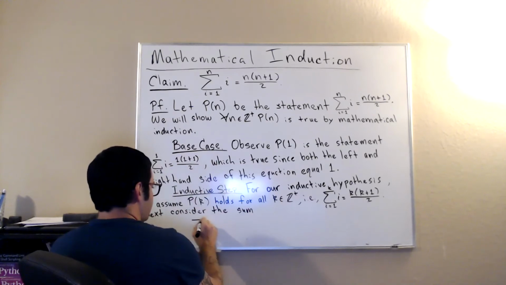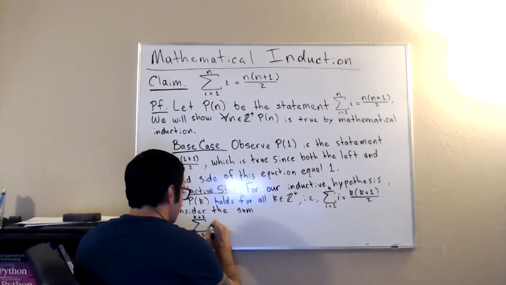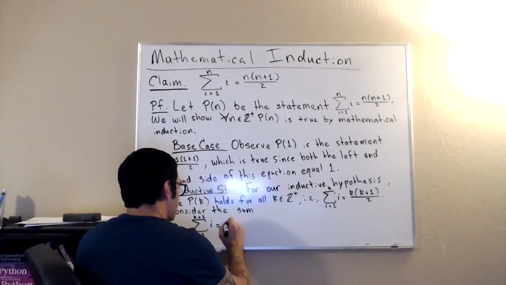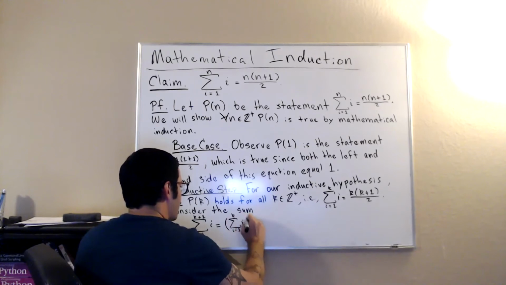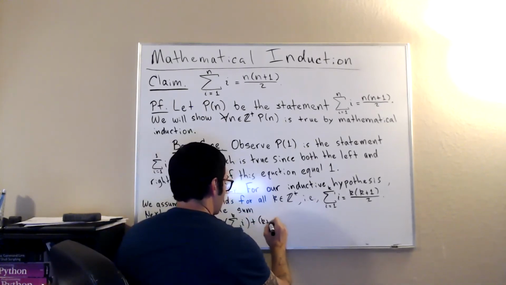So sum from i equals 1 to k plus 1 of i, which is equal to the sum of i equals 1 to k of i, and then plus k plus 1.